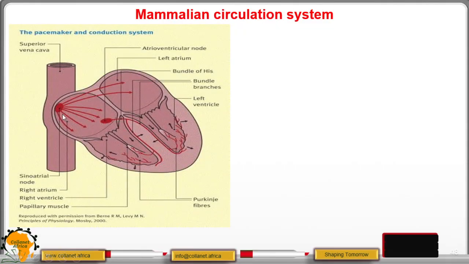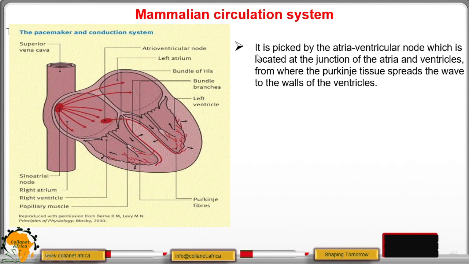So this is the sino-atrial node on the right auricle. So that wave has been released, which is picked up by the Atrioventricular Node, which is here.